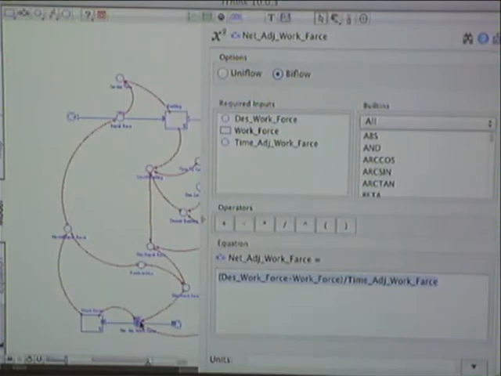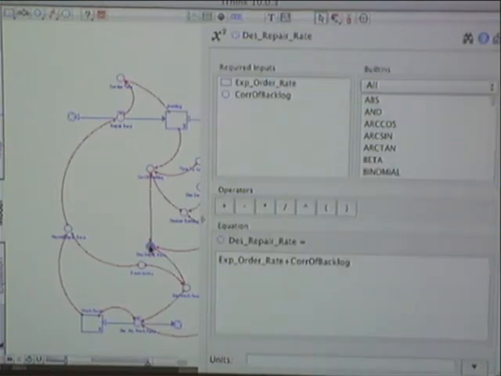Desired workforce is the repair rate, multiplied, no, divided by productivity. Yeah. Go down to your net adjustment of workforce. Desired workforce minus workforce over time to adjust. Which is correct. Yeah, no, that's correct. So then, is there a problem with the desired repair rate?